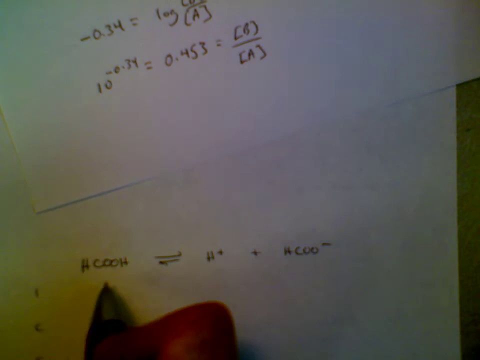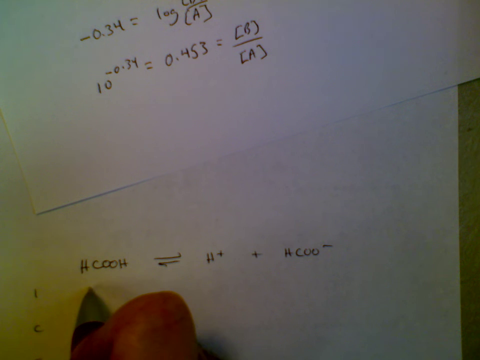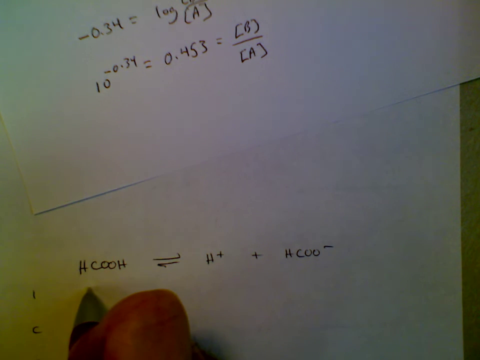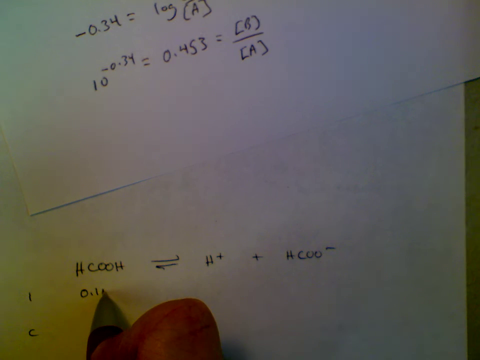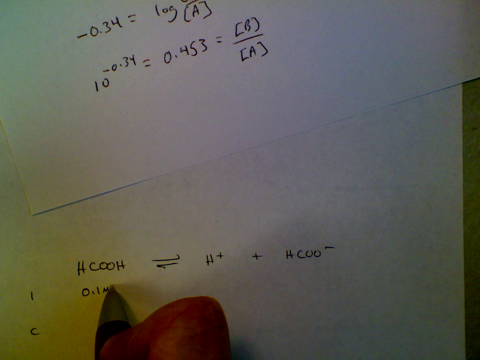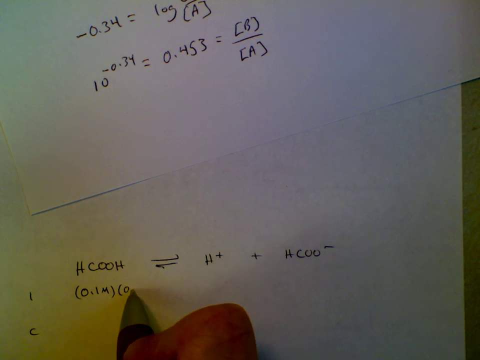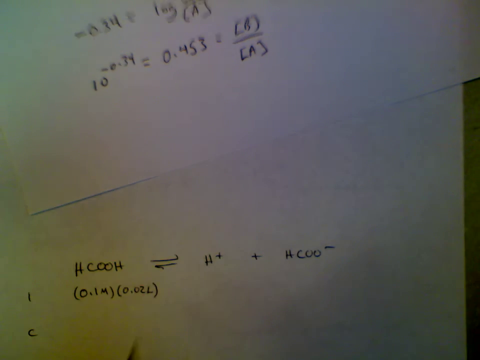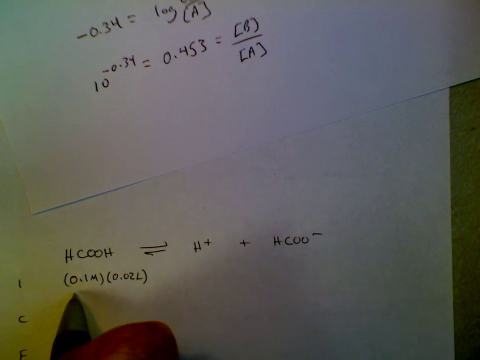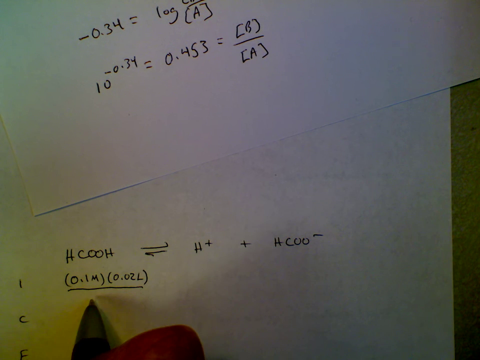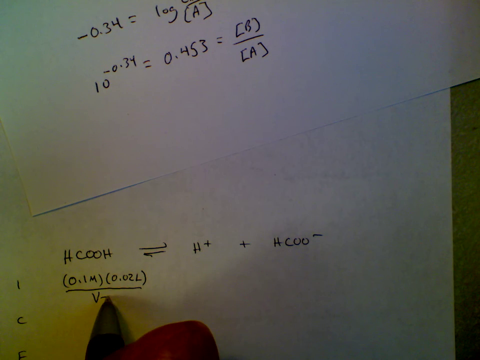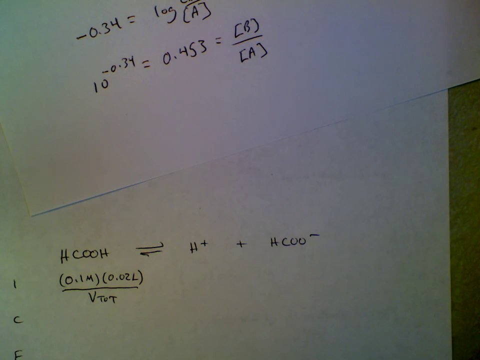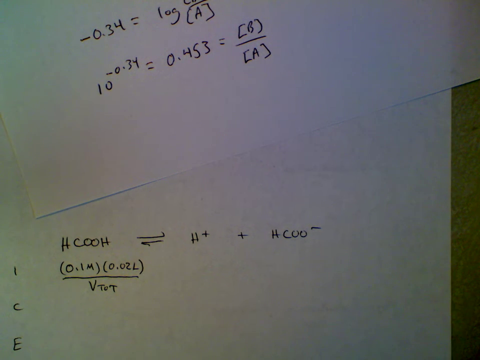That's right. And we had a certain volume of it. We had 20 milliliters. And then we have to divide by the total volume. We don't know what the total volume is. We just know that it's going to be the combination of acid plus base.